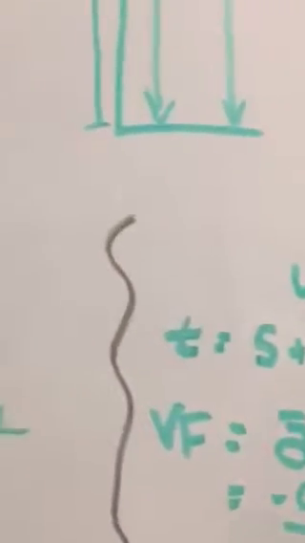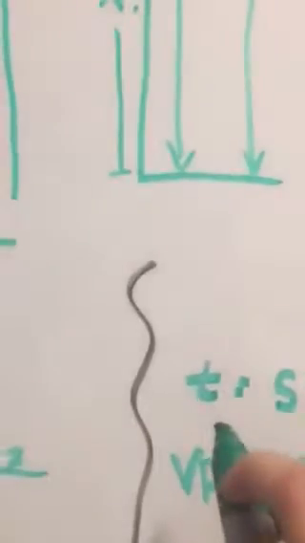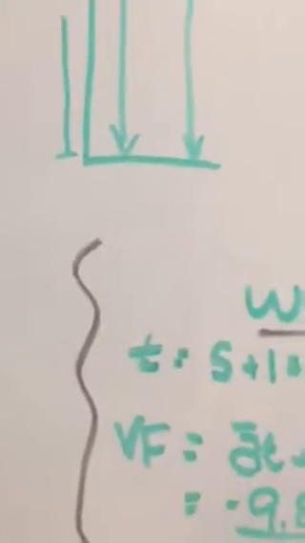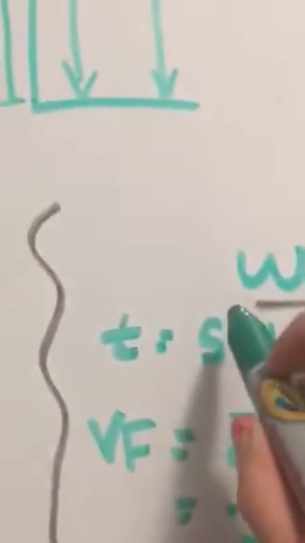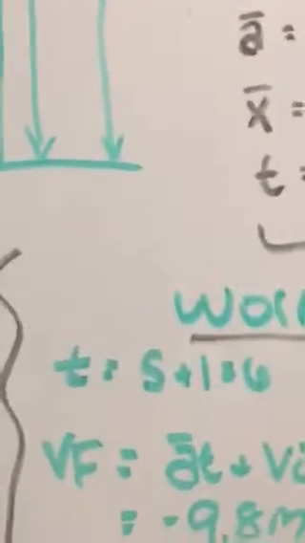Now moving down to rock 2, here's the work. So I just put, just in case you were confused, the time and why it's different and not 5 seconds. And instead it's actually 6 because we used 5 seconds since it takes 5 seconds to reach the ground.